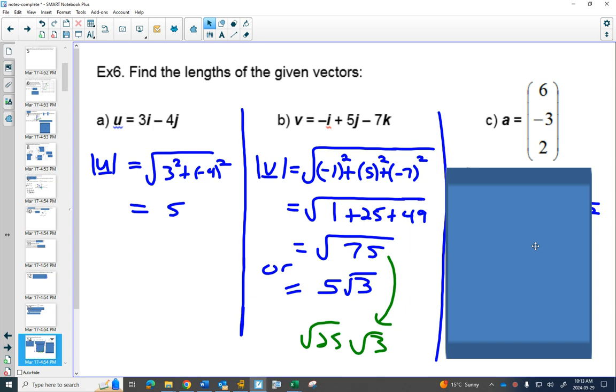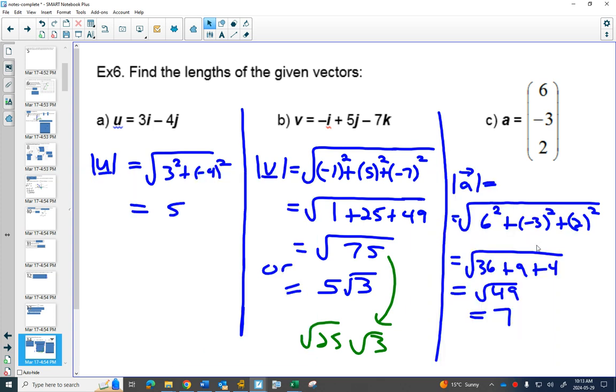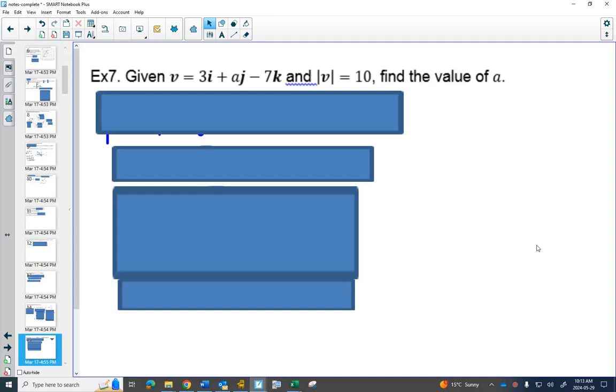And the last one is super exciting, because it works out to a nice number, like a 3, 4, 5 specialty thing in 3 dimensions. Works out perfectly just to 7. Oh wait, try this one on your own.